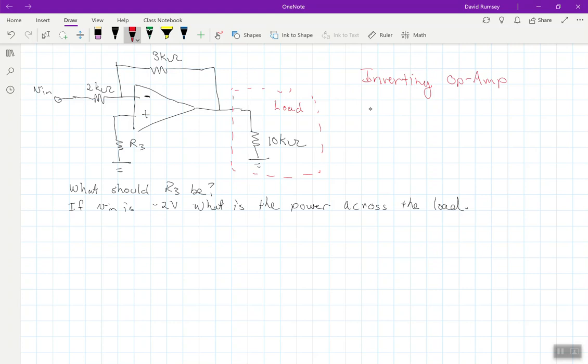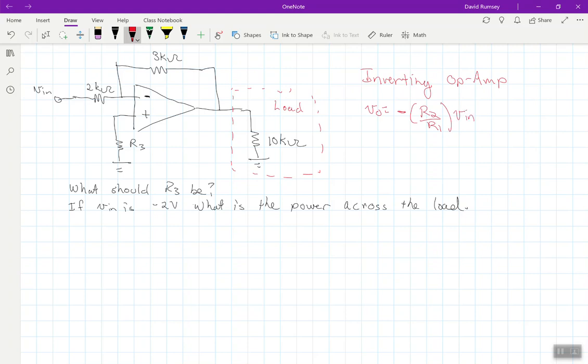And we know that the gain for an inverting op-amp, or my equation, is that Vout is negative R2 over R1 times Vn. There's a negative there because it's inverting.